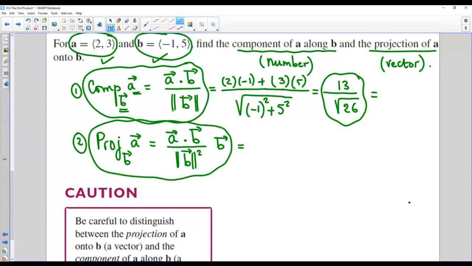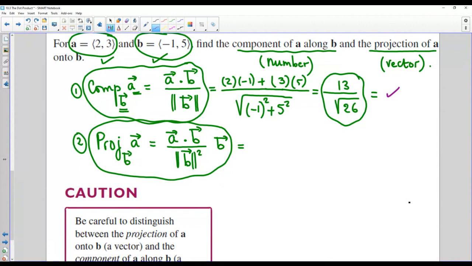So please, you need to memorize these rules. We will use them. So you may be asked questions like this. I think there was a question like this in the final exam. We'll give you two vectors and we want to find the component or the projection. Component, remember, is a number. It's always a number. It could be positive, it could be negative, it could even be 0. And the projection is a vector.